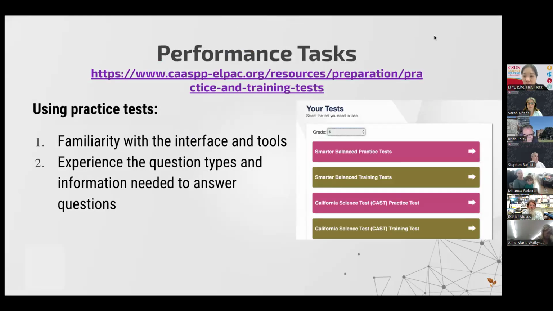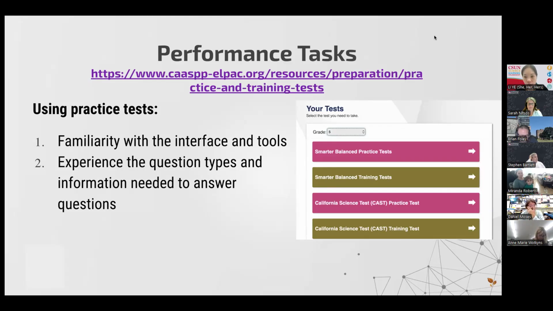We assigned homework. I don't know how many of you have done that homework in the past sections. We shared how you can access training tests and practice tests. Those tests are very good tools that students and instructors can use to become familiar with the interface and the tools that CAST has. We suggest you look at those tests and use them with your students.